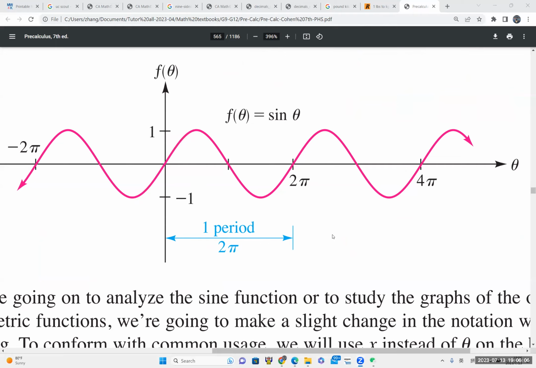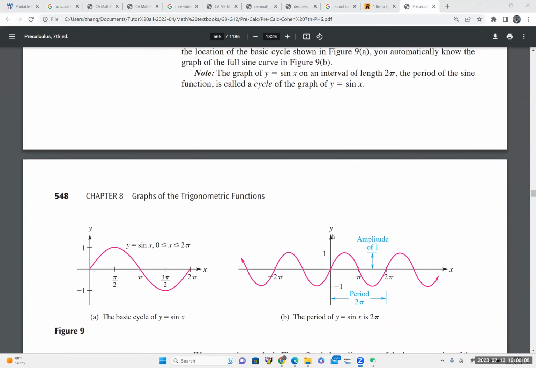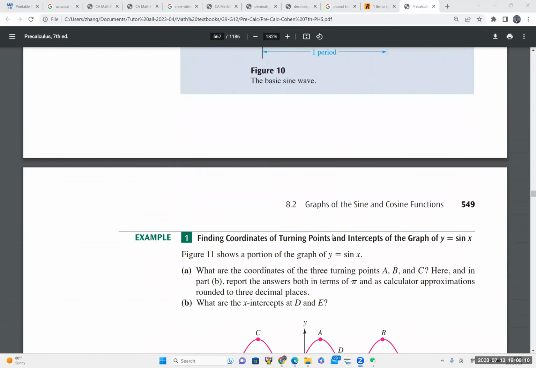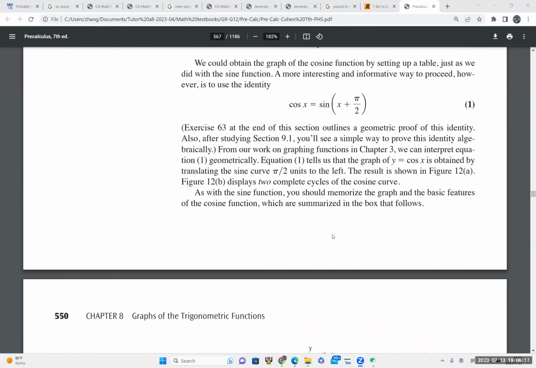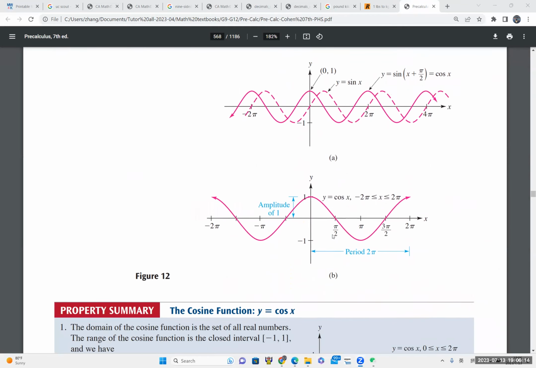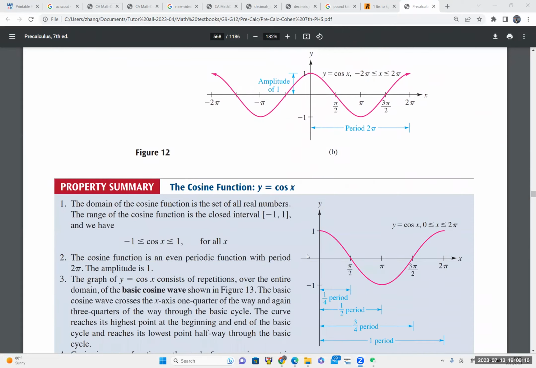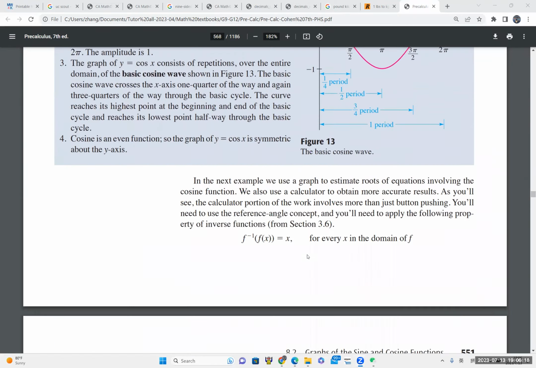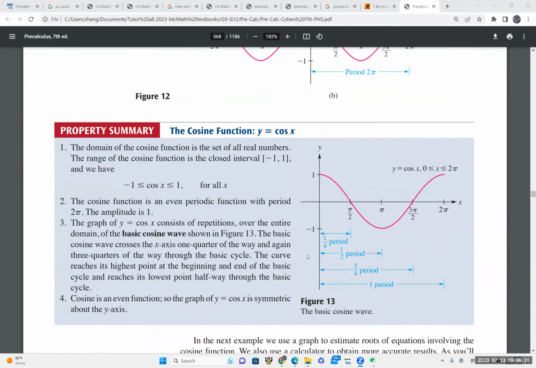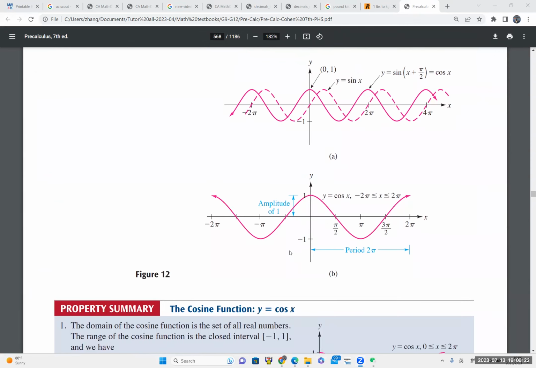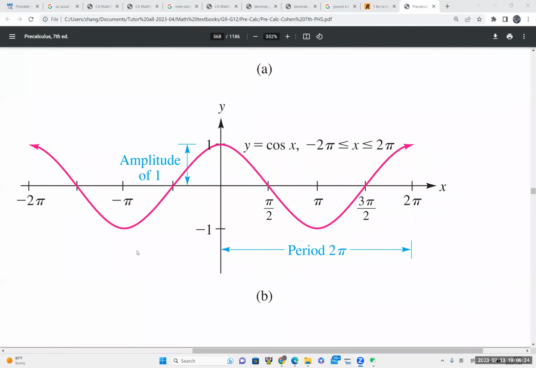Now let me go to cosine, then ask. This is cosine, right?